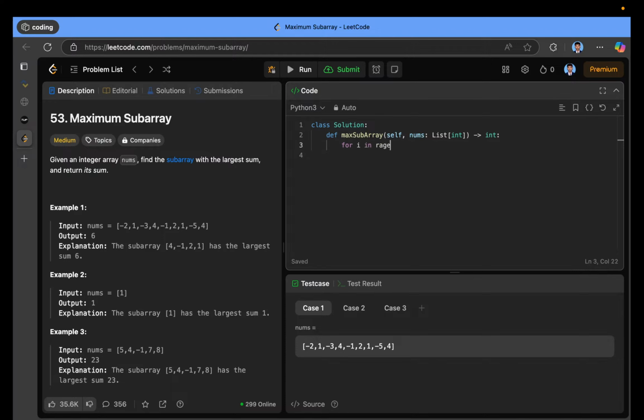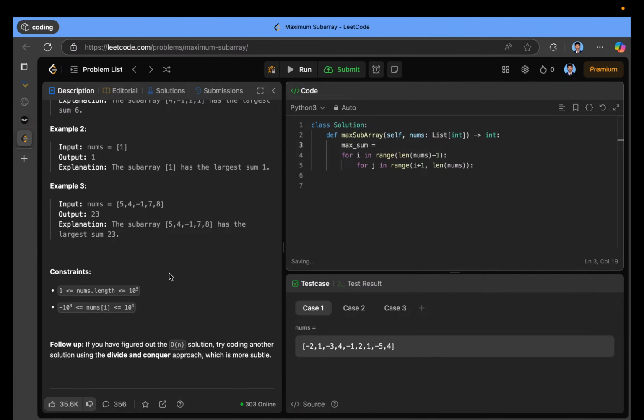For i in range length of nums. The inner range should start from i plus one. Largest sum is max sum.